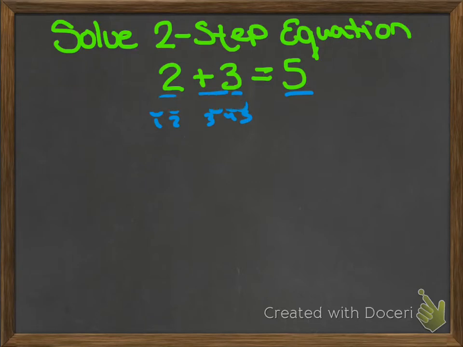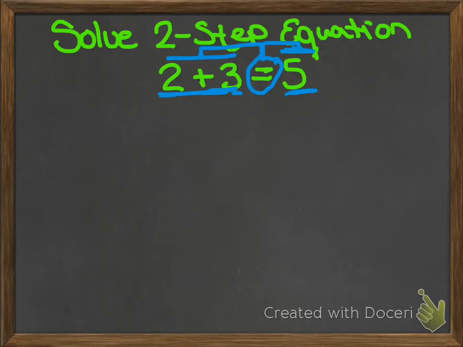So if we take this equation and we look at it, we know that it's equal. That 2 and 3 is the same thing as 5, right? So we're saying that if they're equal, this side is the same value as this side.